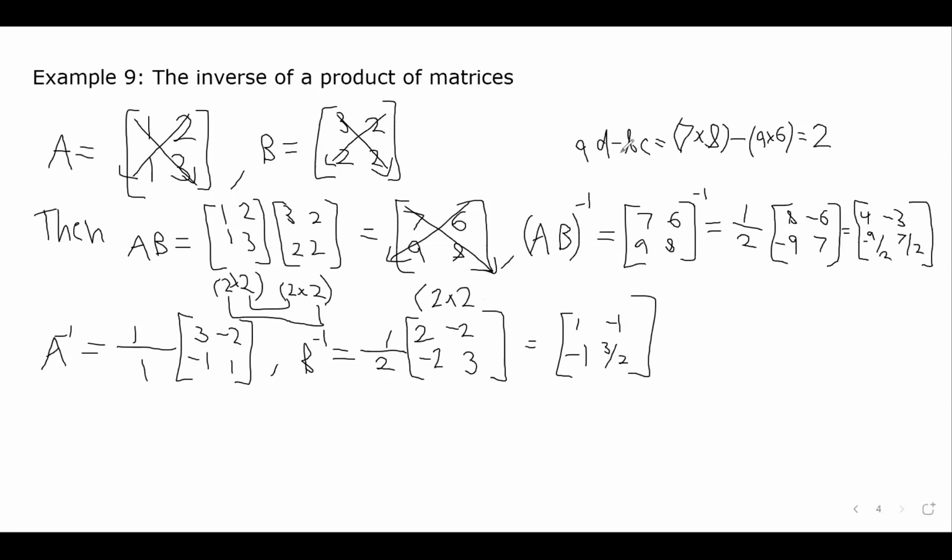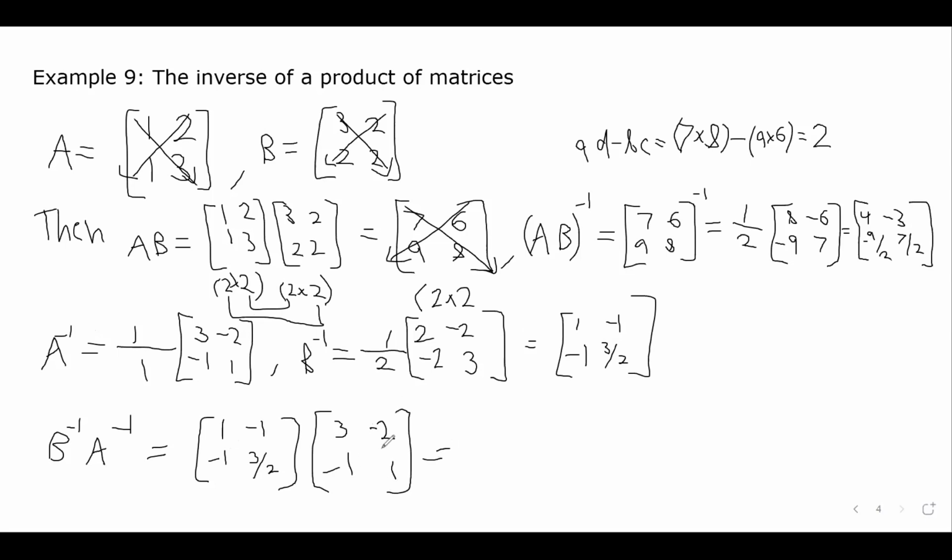We also have AB inverse. Well, what is B inverse times A inverse? Well, B inverse times A inverse is the matrix B inverse that we found, times the matrix A inverse that we found. 3, -2, -1, 1. And if you multiply those two, this is 2 by 2 times 2 by 2, which is another 2 by 2 matrix.